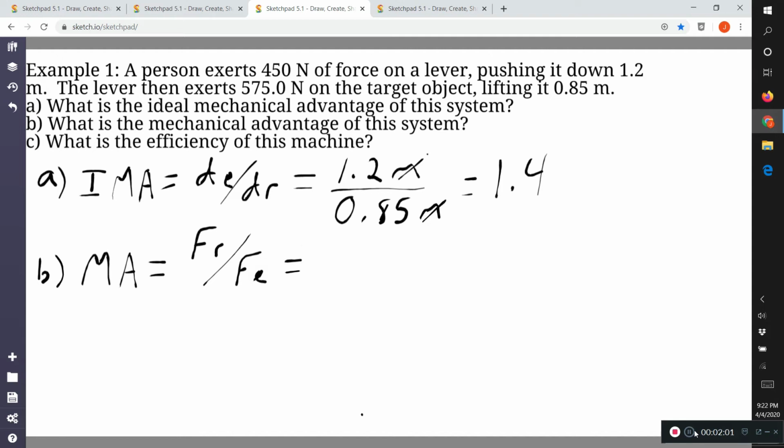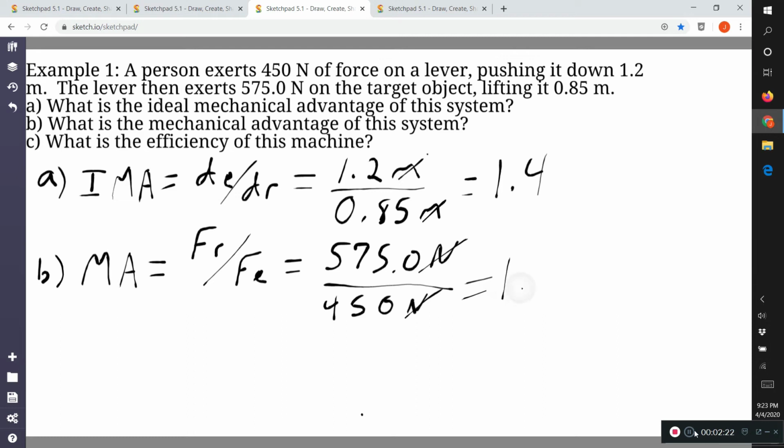Our resistance force is how much the machine produces. It produced 575.0 newtons. And our effort force, how much we put in, was 450 newtons, which restricts us to 2 sig figs, but again, we'll work with that as it is. And I get 1.27 repeating, which rounded appropriately here is 1.3.